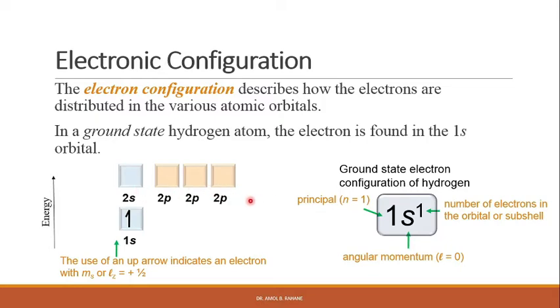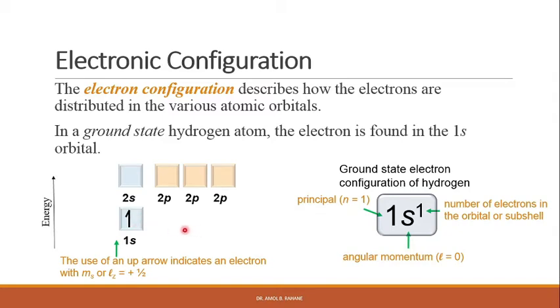Since there is only one electron in the hydrogen atom, the electron-electron interaction is absent and therefore all the subshells in a given shell are degenerate.